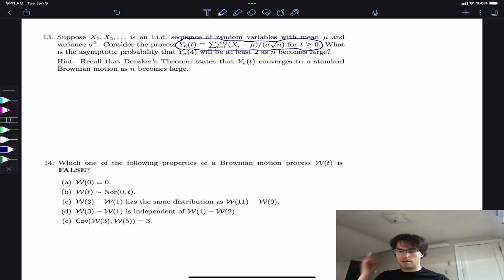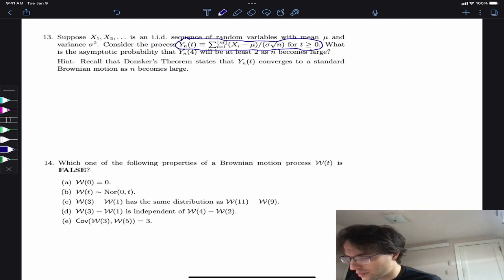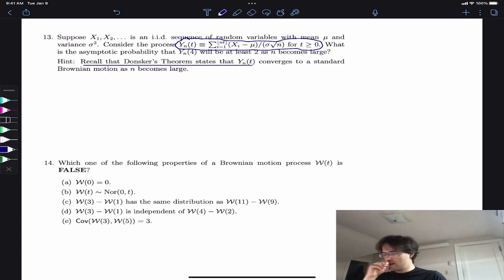But the key here is that they actually give you the hint in the problem. They say, recall that Donsker's theorem states that Yn of t converges to a standard Brownian motion as n becomes large.